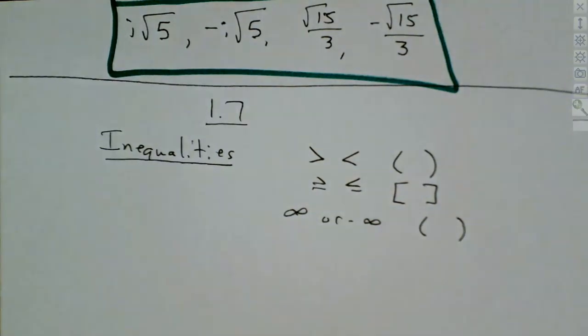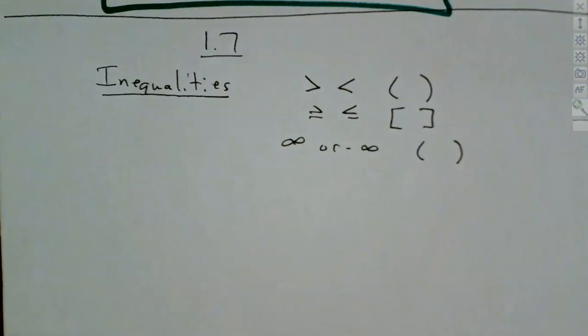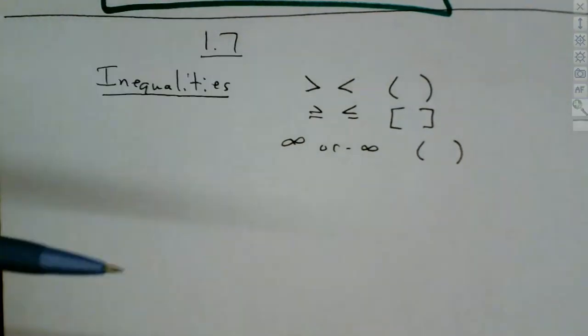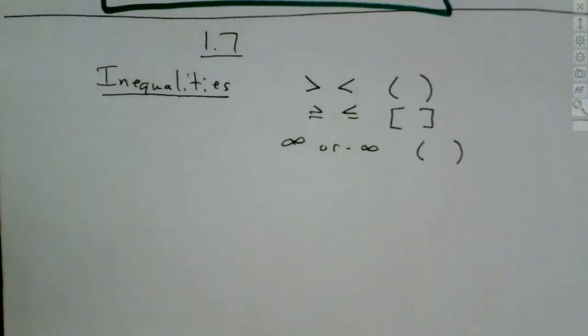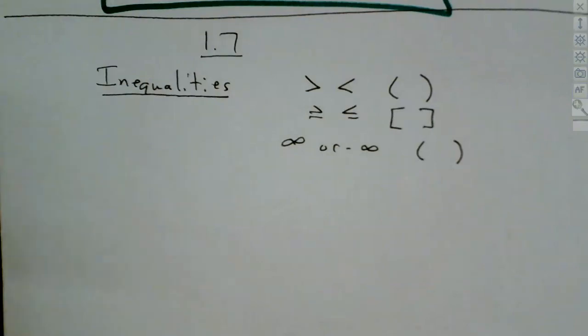You've done it before numerous times. So when we go to graph these on a number line, strictly greater than, strictly less than, those get parentheses in interval notation. Greater than or equal to, less than or equal to, those get the brackets. Positive or negative infinity, they get the parentheses.